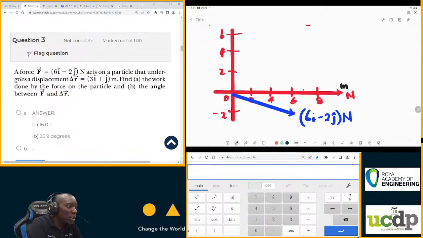So the particle undergoes a displacement 3i plus j, displacement of the particle is like that.